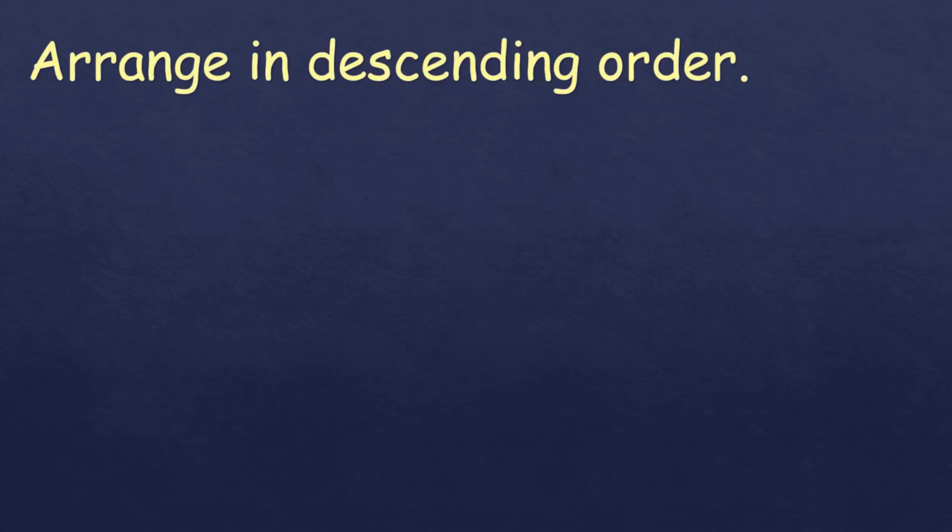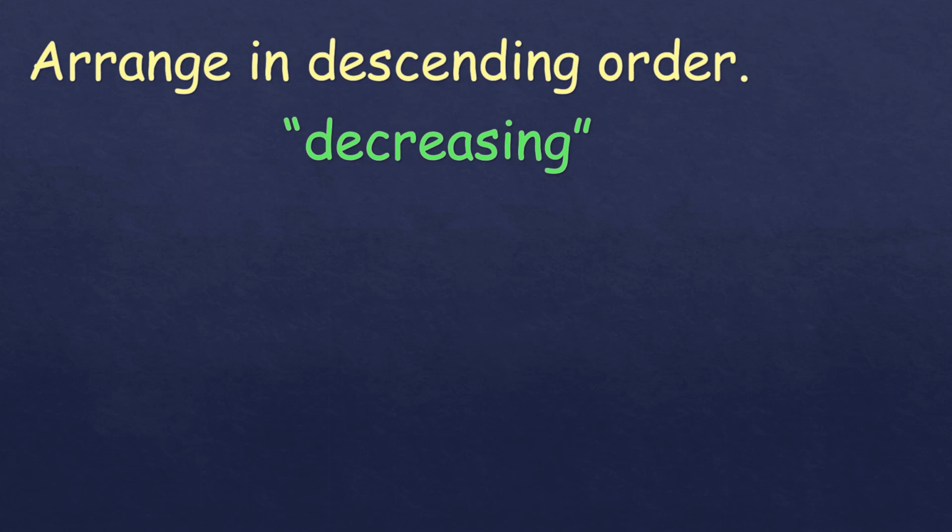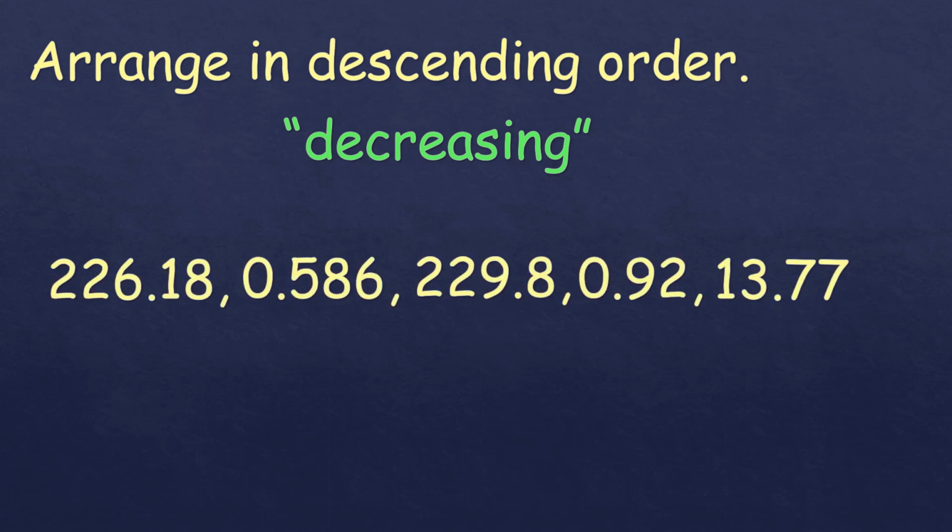Now this time it's going to be arranged in descending order. So what does it mean by descending? Decreasing order, from biggest to smallest. So let's have the list of decimal numbers, and then we're going to look for the biggest number.